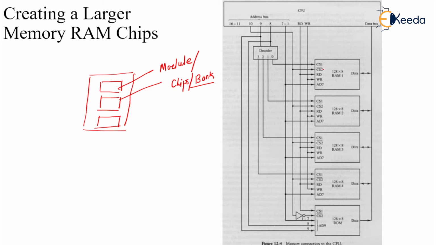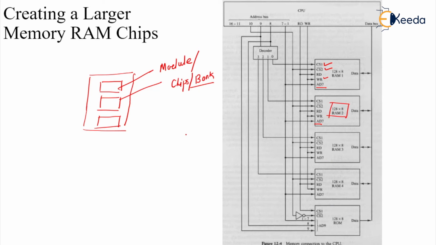If you look at this diagram, we have an active low, active high CS1, active low, then there is a read signal and there is a write signal, and then we have A1 to A7 signals here, and 128 cross 8 bit is the organization. Instead of one RAM, we have 1, 2, 3, 4, and here up to here is the ROM, sorry.